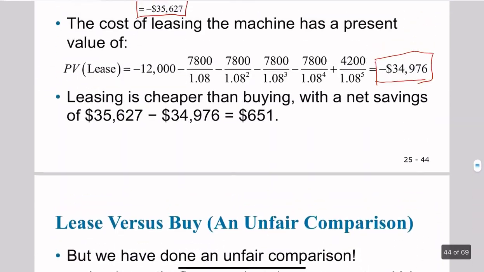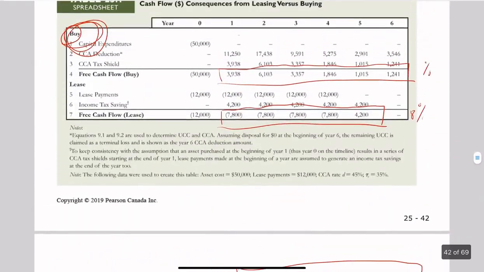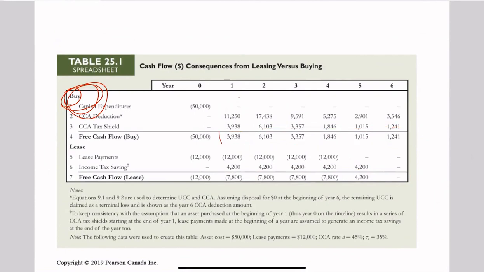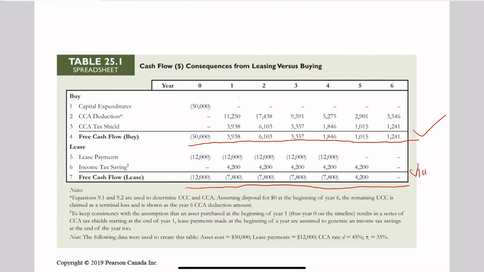So remember the first step. You will always want to find out the incremental cash flow of leasing versus buying, right? So to do this, you will want to examine how cash flows will change. First, you can see that the free cash flows from buying should stay the same, right? And the free cash flows from leasing will change.